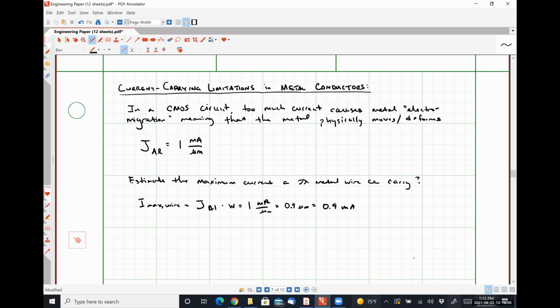So another place that seems like a reasonable estimate of how much current could be handled would be a bonding pad, right? Because that's going to limit the amount of external current that we can apply to our entire system. So let's say that we have a 72 micron by 72 micron bonding pad.